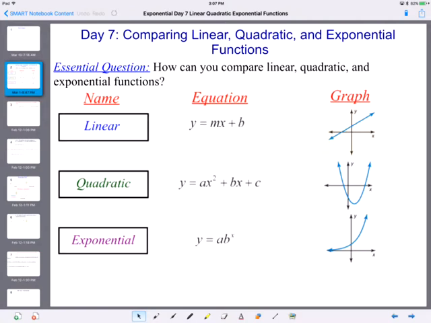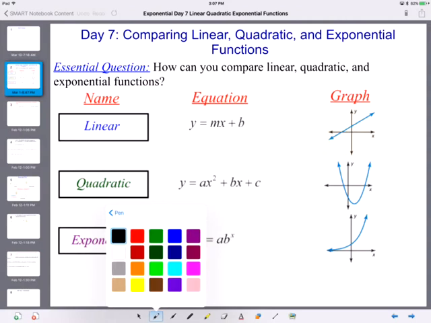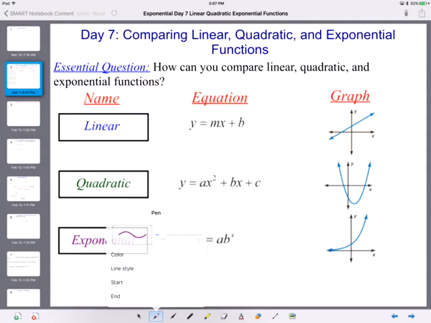When we're talking about a linear function, we are talking about an equation that is y equals mx plus b. The equation y equals mx plus b contains no exponents. When we graph a linear function, it is going to have a y-intercept and it is going to be a straight line.